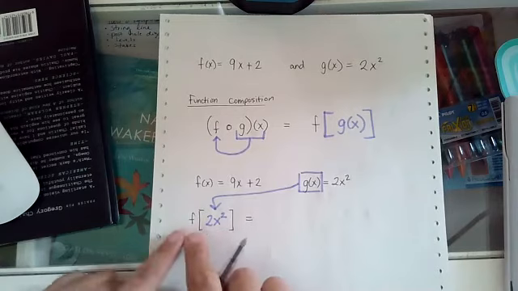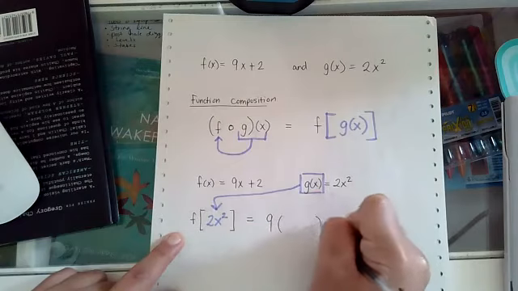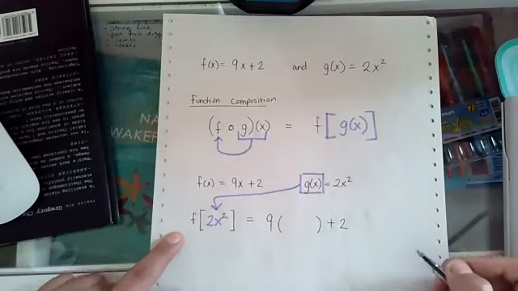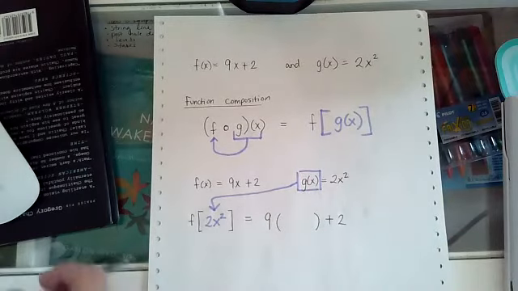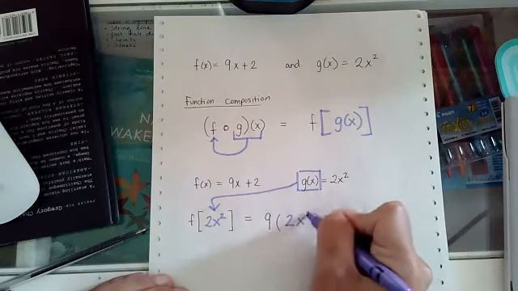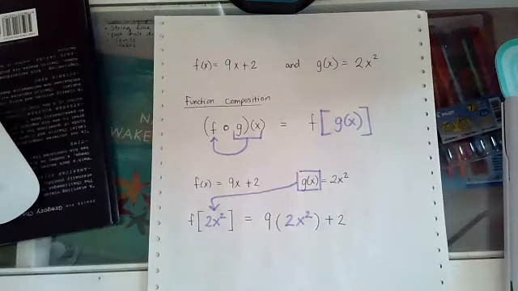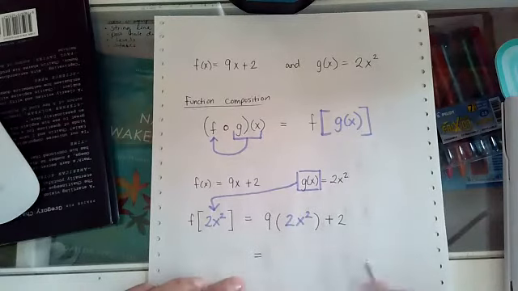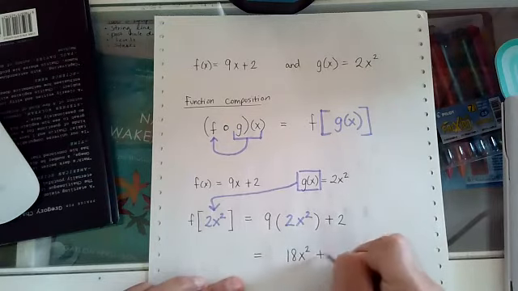That means if I write the function f of x, which was originally 9 times the input plus 2, and I've plugged in the other function as the input, then I can plug in 2x squared right here and simplify that and call it f composed with g. When I say simplify, I mean I'm going to distribute the 9. So I get 18x squared plus 2.